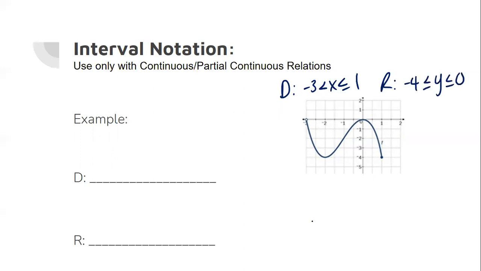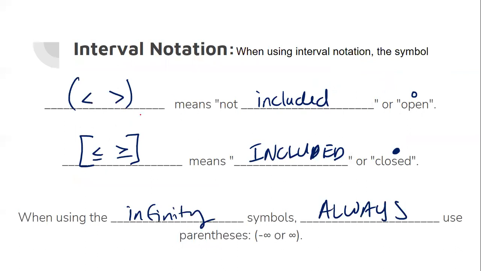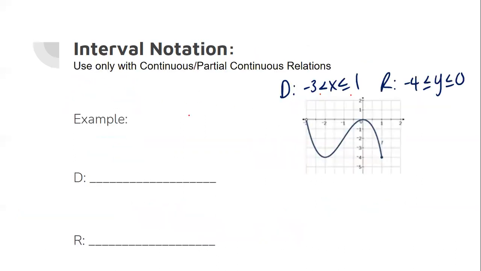Going from set notation to interval, you're paying attention to your inequalities. So I have a less than inequality. What type of ending am I going to have? We just said, if I have less than, then it's going to become what? What are these called? It's open. And what are these symbols called? Parentheses. So at -3, I'm going to put a parenthesis.